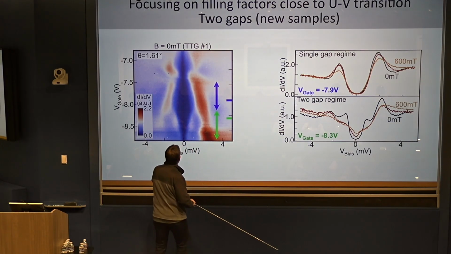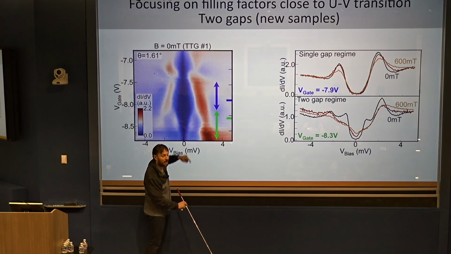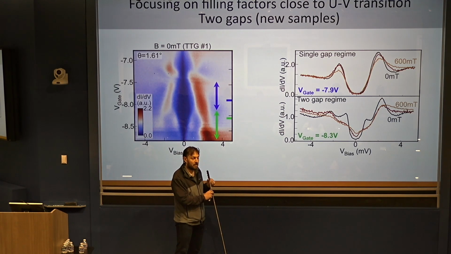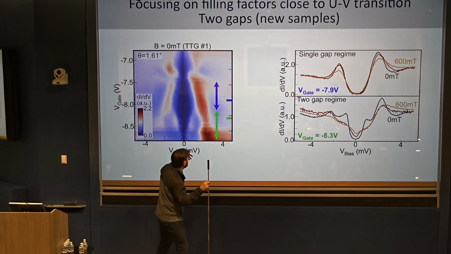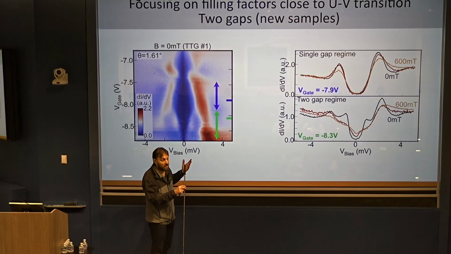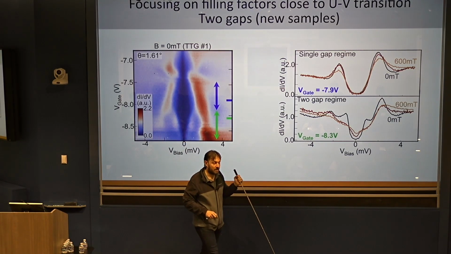If I chose this point here, I could definitely go to at least half a milli-electron volt. The point is that he measures at much lower temperature than me, so he probably has sharper features. That's the difference.